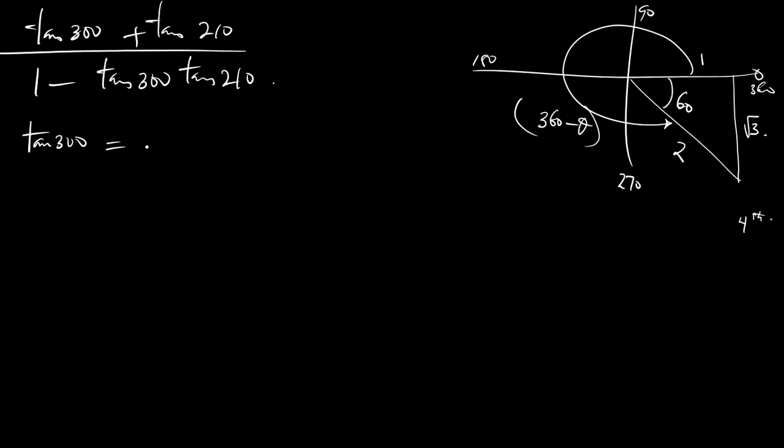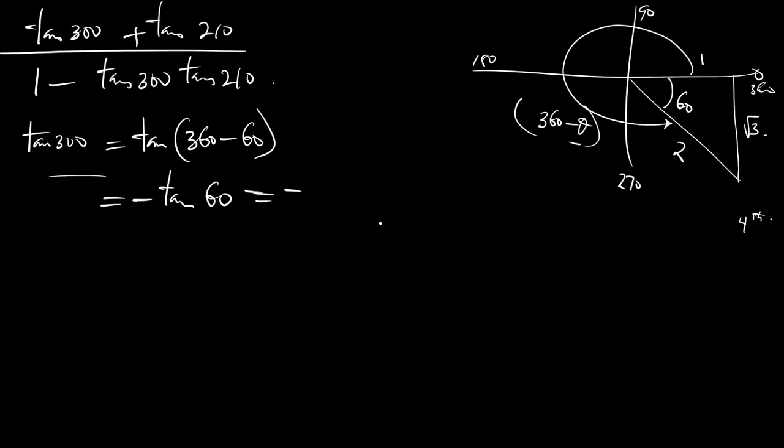That means you have tan of 360 minus 60, because it's 60 that you subtract to give you 300. At the fourth quadrant, tan is negative, so you have minus tan 60. Tan 60 is root 3. So we have minus root 3.